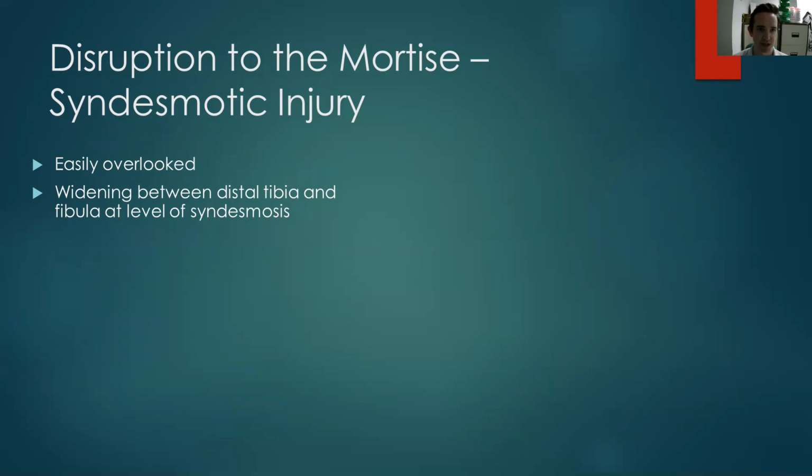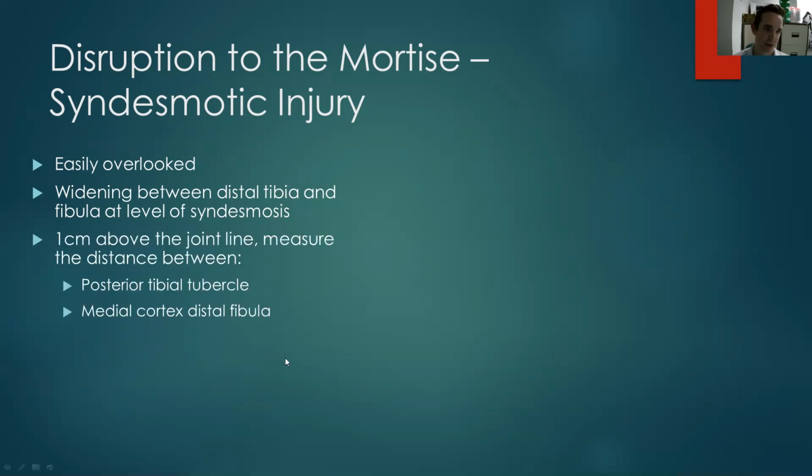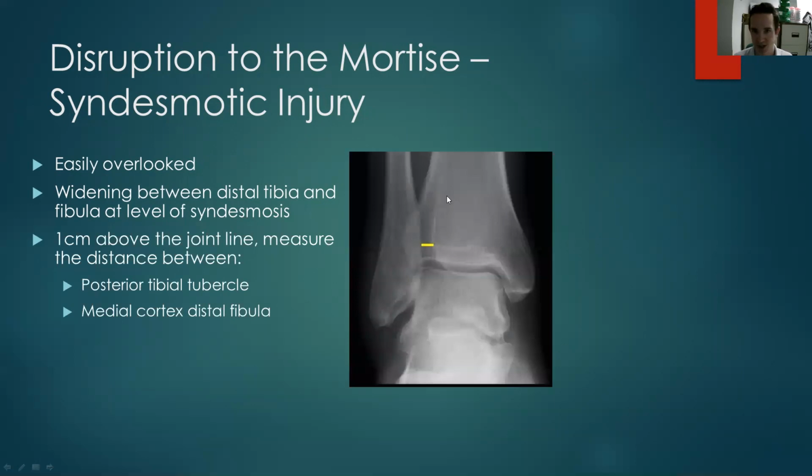So we want to make sure there's no widening between the distal tibia and fibula at that level. Approximately a centimetre above the joint line, we want to be finding the posterior tibial tubercle, which is this kind of longitudinal sclerotic line. And we want to measure the distance between that and the medial cortex of the distal fibula.